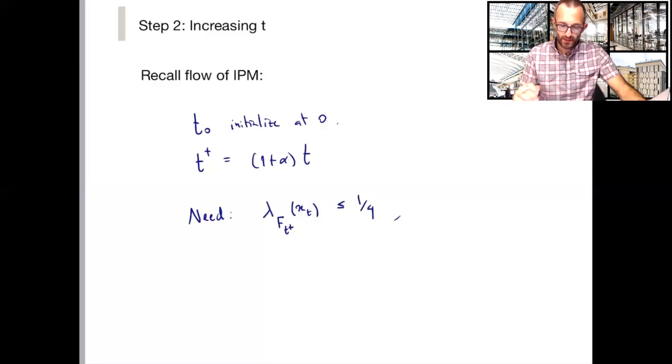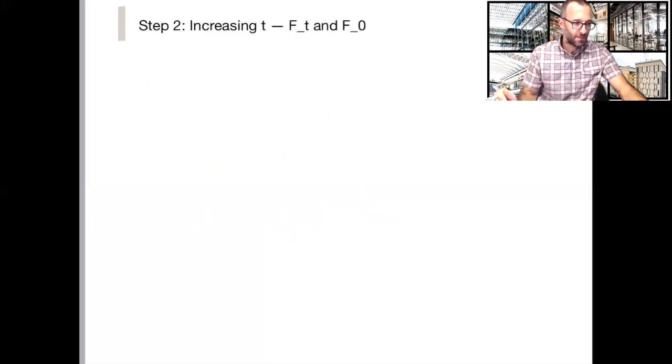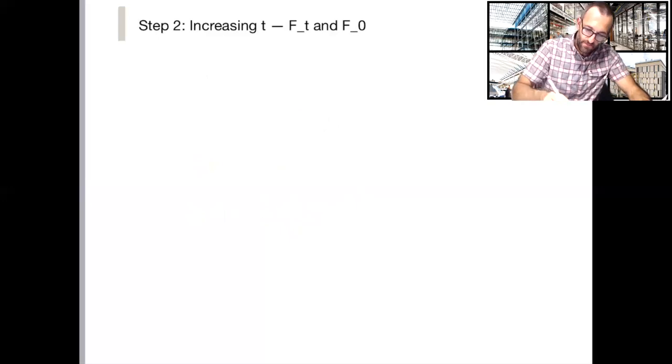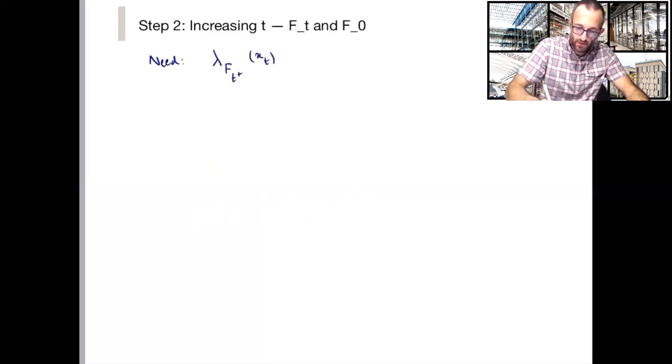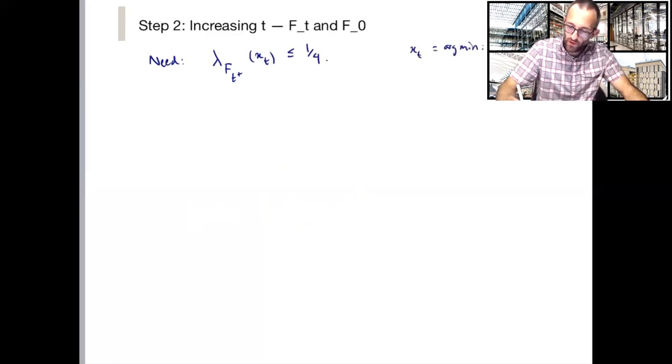So let's dig into this a little bit more. Again, I need lambda of ft plus at xt to be less than 1/4, and just recall again that xt is equal to the argmin of ft of x, which is equal to t times c transpose x plus f0 of x.